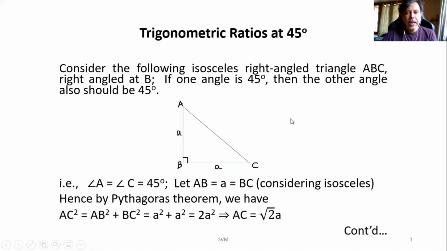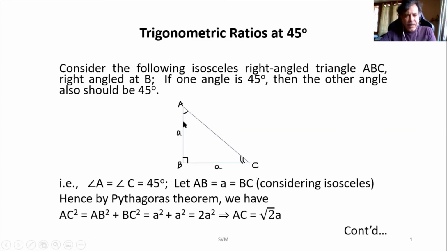So for angle A, as well as angle C, AB as well as BC, we were considering both as the same measure, which is A. So we will consider this as angle A. This is angle C, right? And AB is equal to BC.